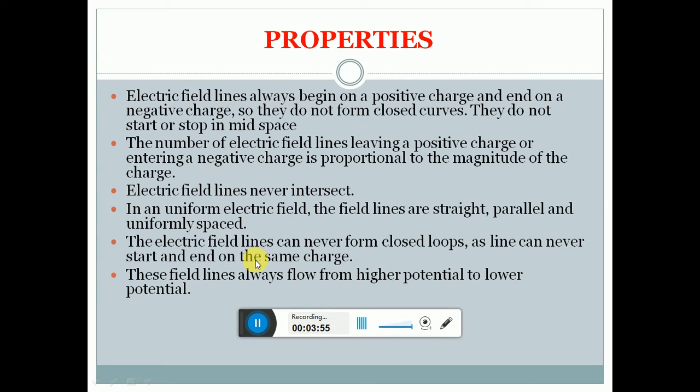When they start from one charge, they will go to another, opposite charge, but they never end on the charge itself. Next one, these field lines always flow from higher potential to lower potential. A positive charge can be considered as higher potential, so they start flowing from there, and a negative charge can be considered as lower potential, so they flow towards the lower potential.